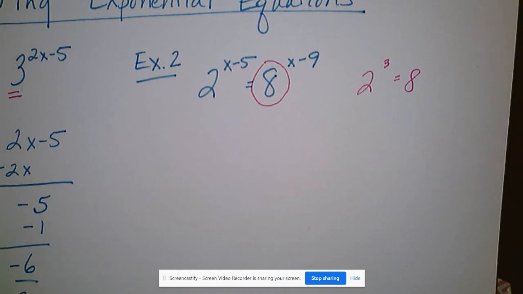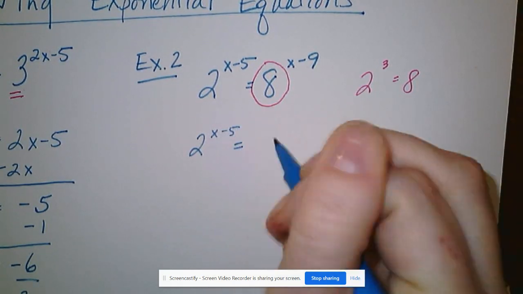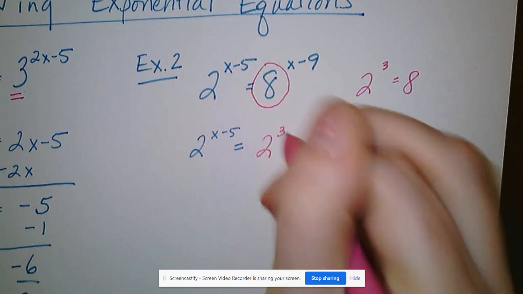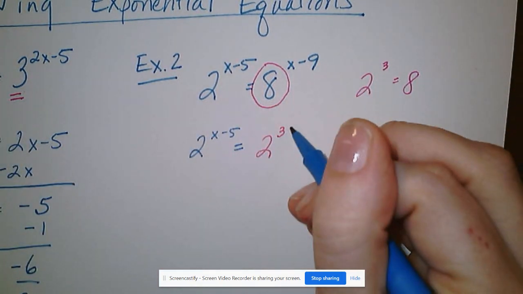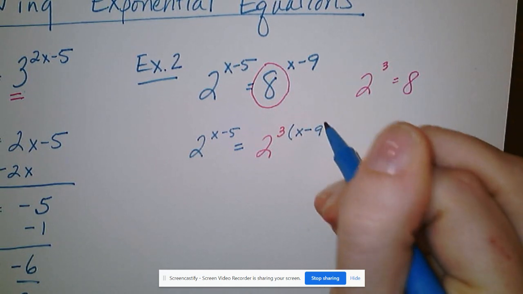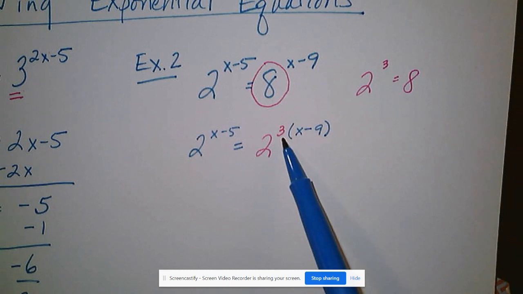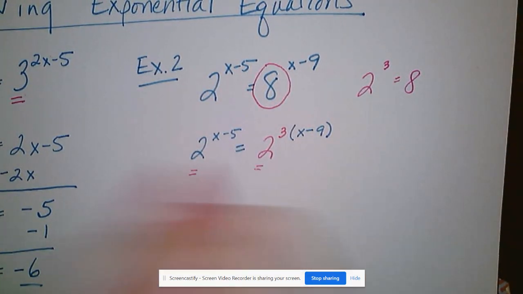So what I need to do is I've still got 2 to the x minus 5 on this side, but instead of that 8, I've got 2 to the third power because the 8 is what's being replaced. Now, the rest of the equation is still there, that x minus 9, but I'm going to put it in parentheses because this 3 is going to be multiplied by this entire part here. Okay, now I have those like bases that I was looking for. Now I have 2's.